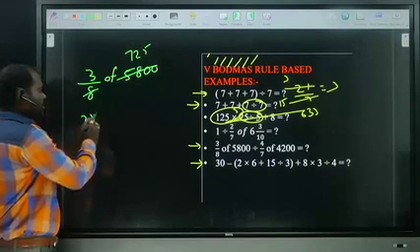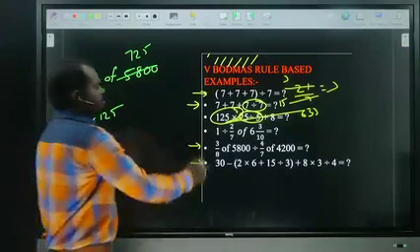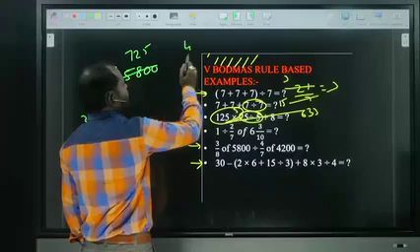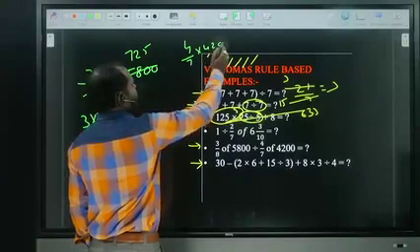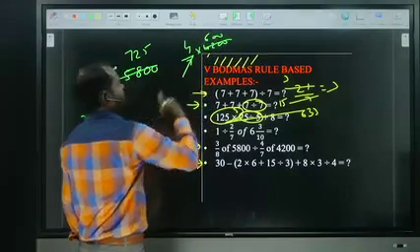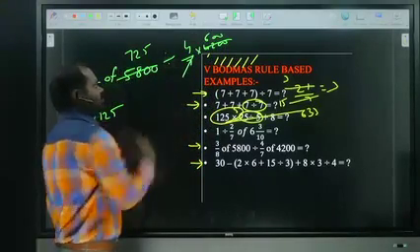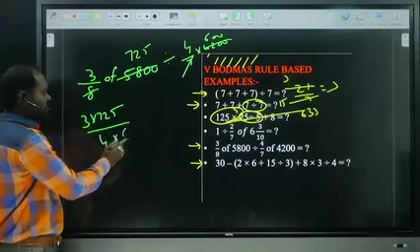Okay? And next, 4 by 7 of, nothing but into 4200, by 4 into 600. In between, the division symbol is there, nothing but by.